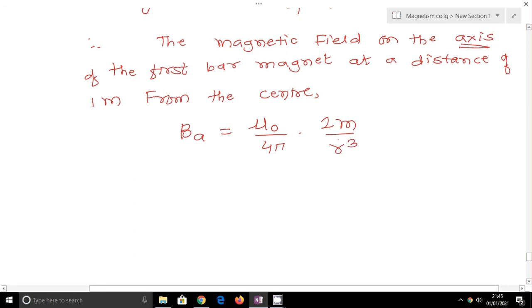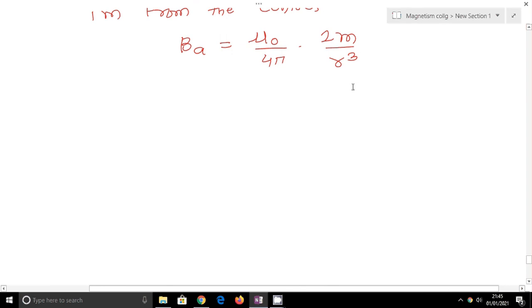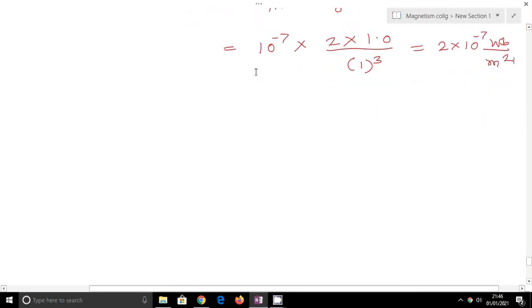Now if I put the values in the example, mu 0 upon 4 pi is 10 raised to minus 7, into 2, into m, the magnetic dipole moment, which is given here as 1.0, divided by the distance 1, so 1 cube. Finally we get the answer 2 into 10 raised to minus 7 Weber per meter square. This is the magnetic field at point P due to the first magnet, because for the first magnet it is the axial point.